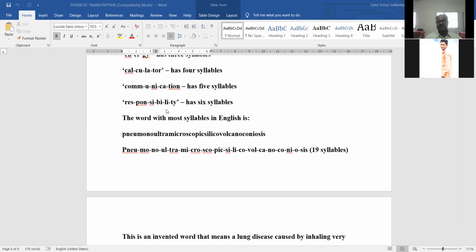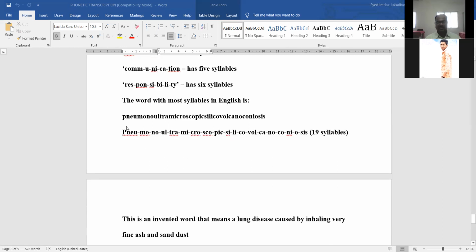So in this way, there may be one syllable in a word or there may be more than one syllable. How to identify the syllable? One vowel sound, one syllable. And the smallest one syllable word is I. This is one syllable word. Or E-Y-E, I is also one syllable word.